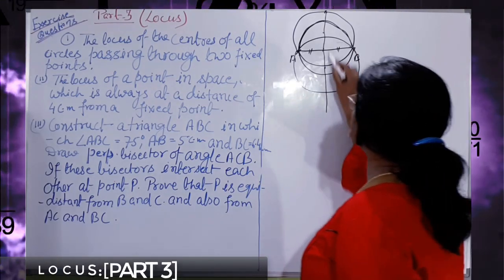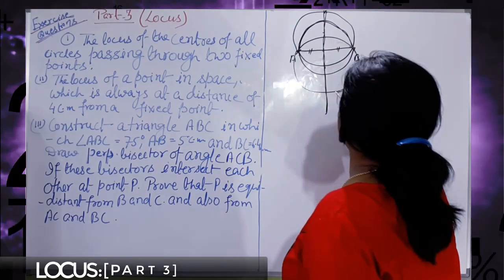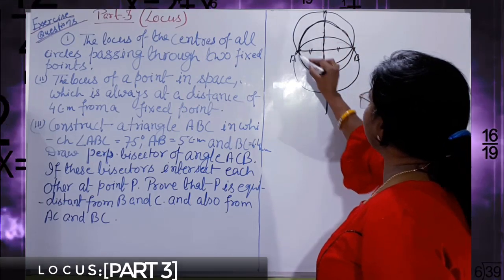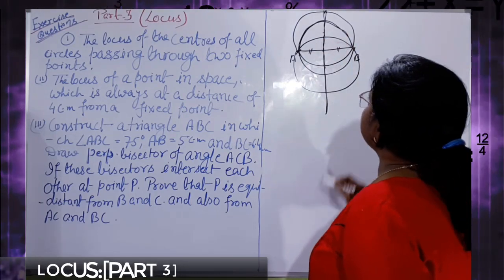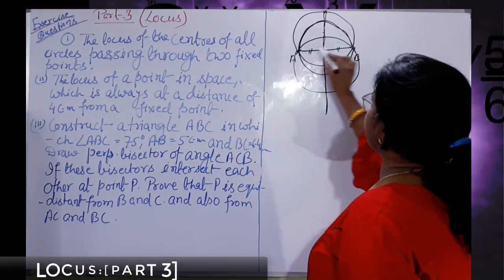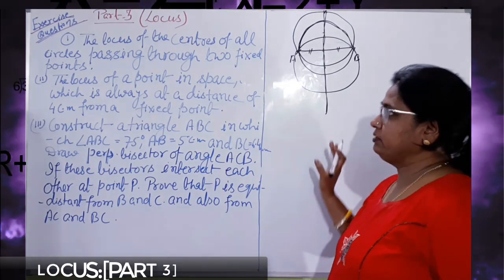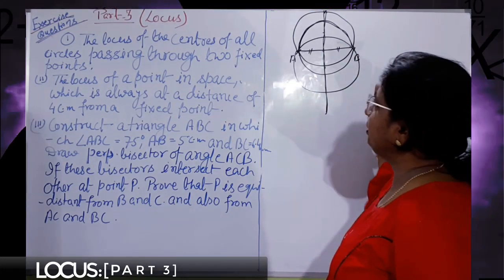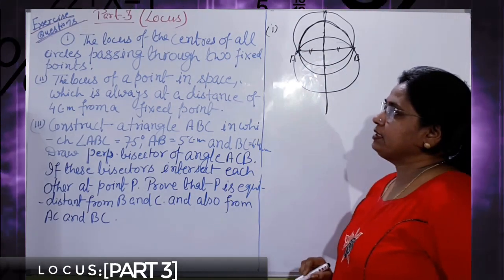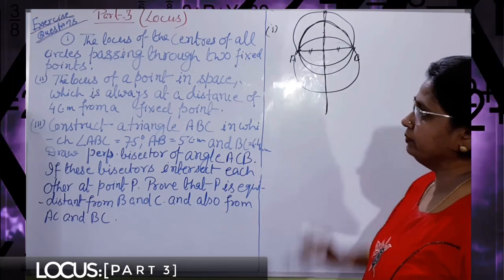That means this line is the perpendicular bisector joining all the centers of circles like this which are passing through the two fixed points, the perpendicular bisector of the line segment joining AB. Understood? Same thing you have to explain. You can explain it. First number like this you will explain, and this locus you have to show.